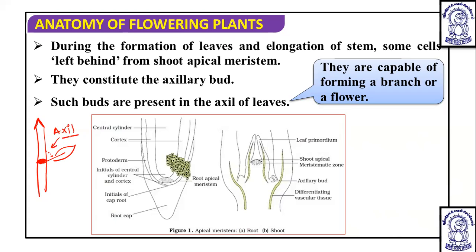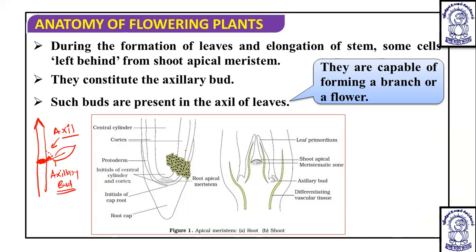So axil can be defined as the angle between petiole of leaf and younger stem. This is the younger, growing stem, and this is the petiole of leaf. So this angle is known as axil. And whenever any bud is present in this axil, this bud is known as axillary bud.